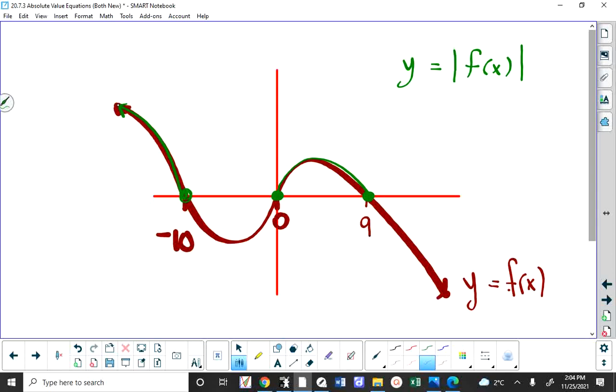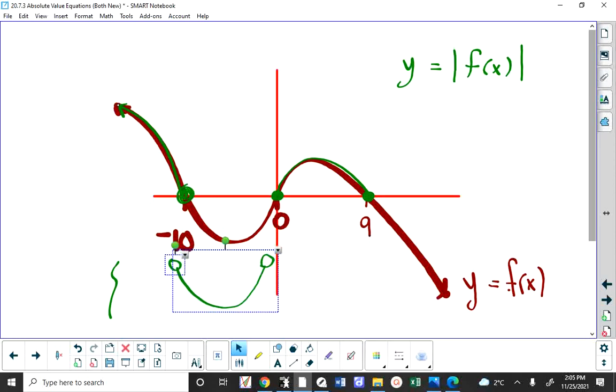This part, which I am going to draw and then peel it off so you can see what I've drawn. I've drawn this. That part, not including that x-intercept of -10, not including that x-intercept of 0, that part is all negative, so we have to flip it up.